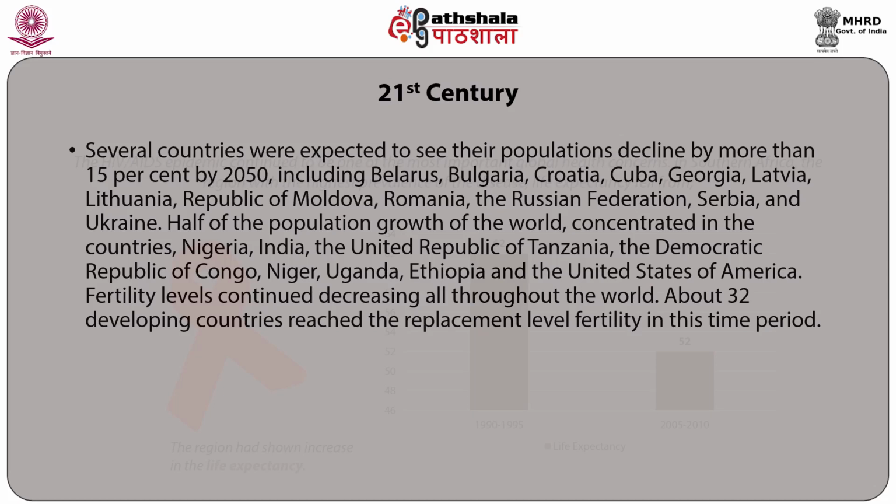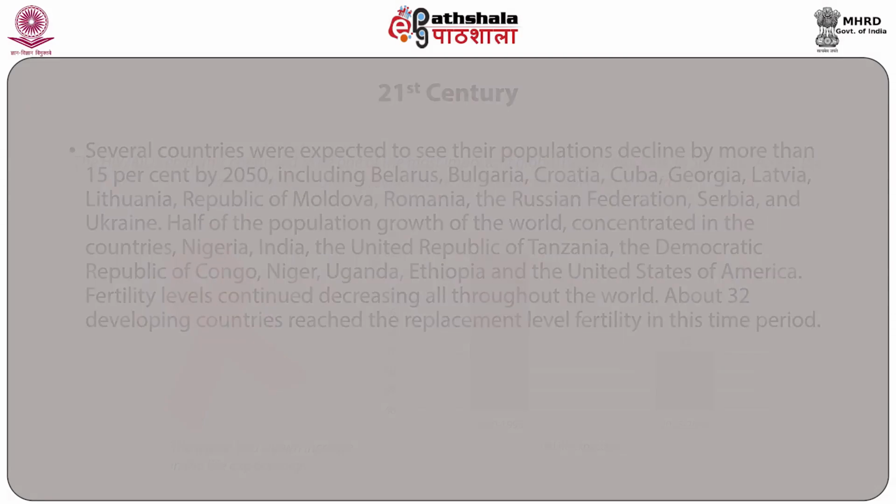Half of the population growth of the world was concentrated in these countries: Nigeria, India, the United Republic of Tanzania, the Democratic Republic of Congo, Niger, Uganda, Ethiopia, and the United States of America. Fertility levels continued decreasing all throughout the world. About 32 developing countries reached the replacement level fertility in this time period.